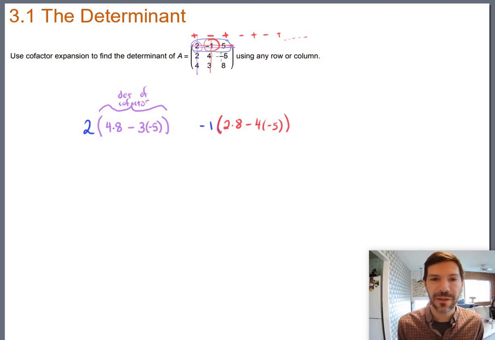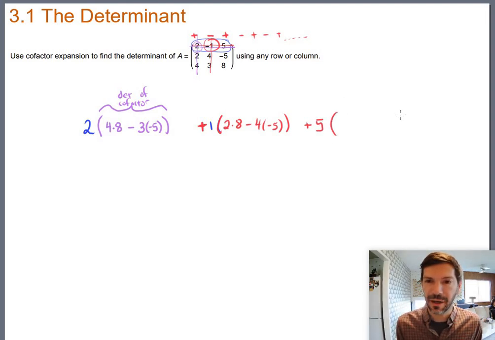So that does mean that this -1 term here that I used is actually, so it'll be +2, and then it'll be negative of this term. So this one actually ends up being plus as well, because it started off with a -1, and then the last one, the 5, is plus.